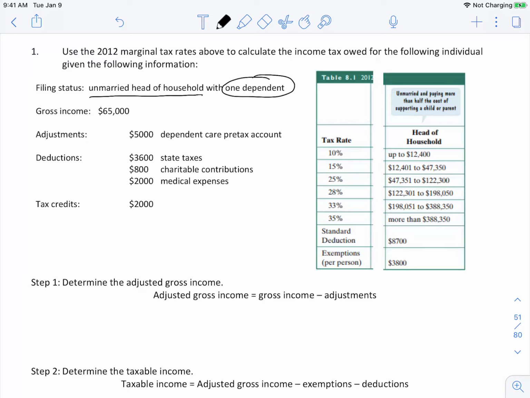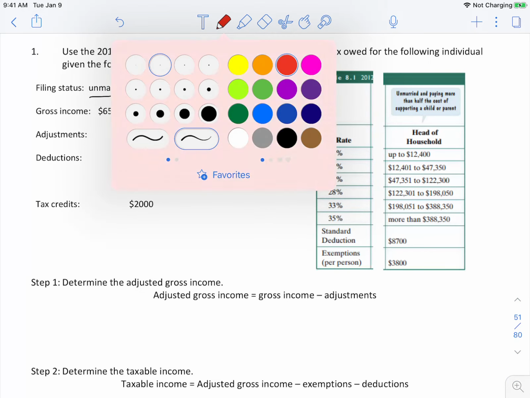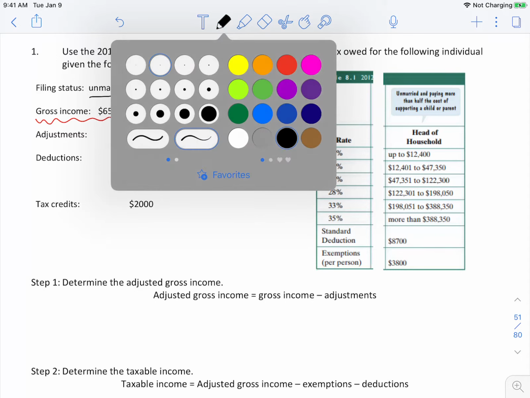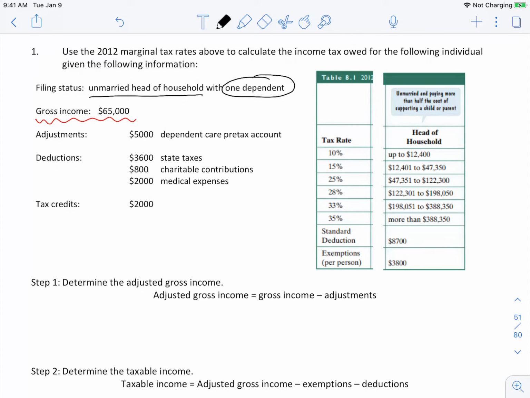Now the gross income is $65,000. I'm going to underline that. Our adjustments, we can see that we have $5,000 dependent care pre-tax account.